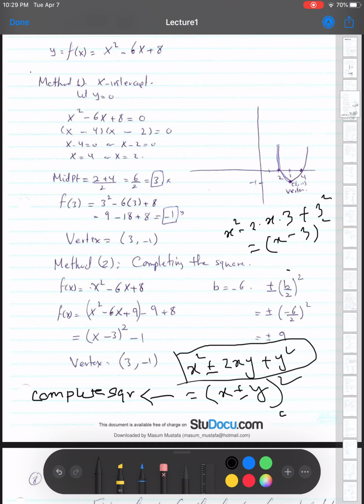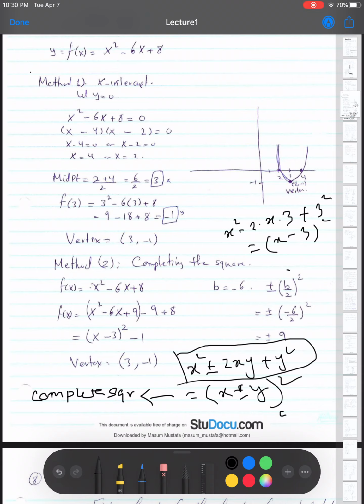Again, this formula is x squared plus 2xy plus y squared equals (x plus y) whole squared, or x squared minus 2xy plus y squared equals (x minus y) squared. It means if I multiply x plus y with x plus y, I'm going to get x squared plus 2xy plus y squared, or vice versa, (x minus y) whole squared is x squared minus 2xy plus y squared.